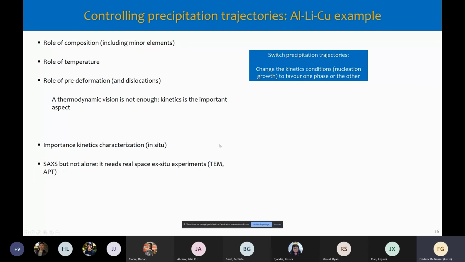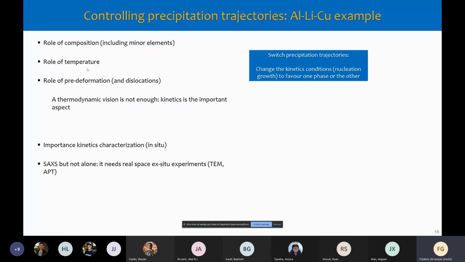So really, as a conclusion on this part, I would like to say that we can actually control the precipitation trajectory and make the system switch from one precipitation trajectory to the other by a few switches. We have studied a few here. One was the temperature. If you change the temperature, you can favor theta prime as a function of T1.